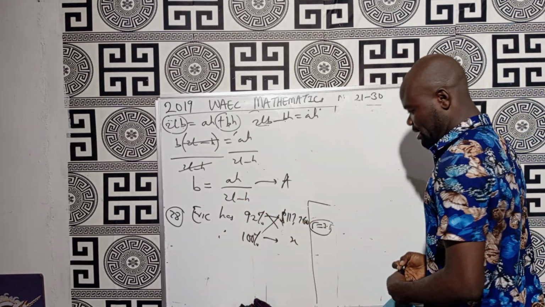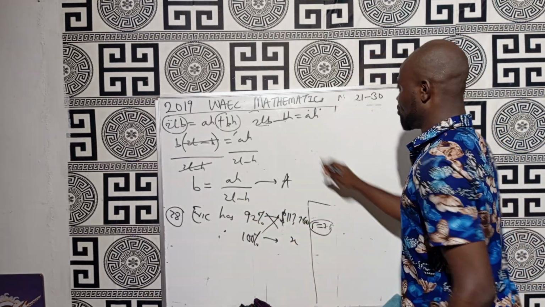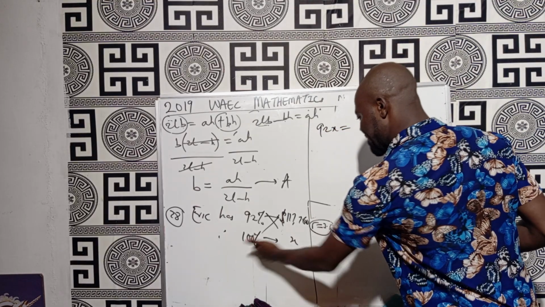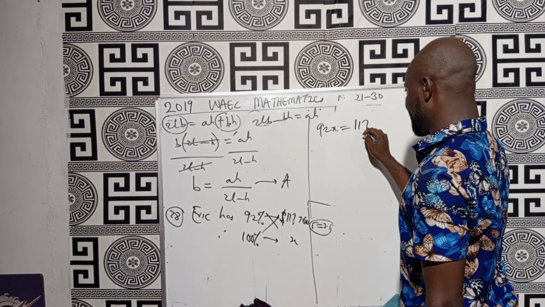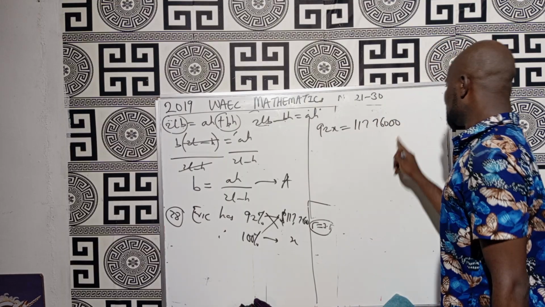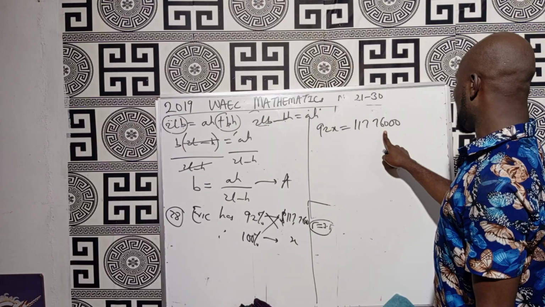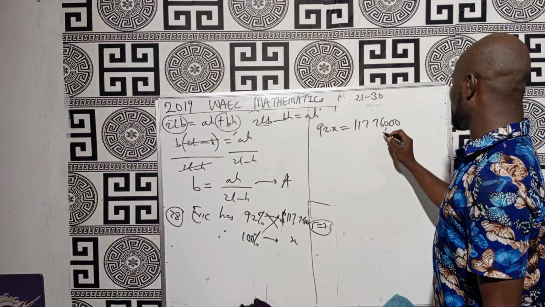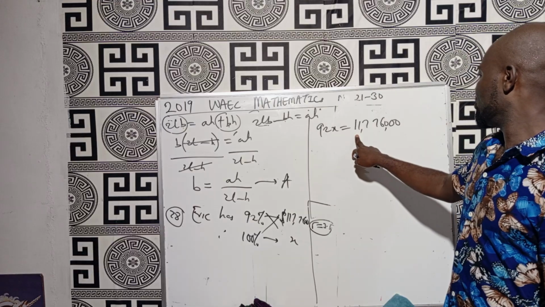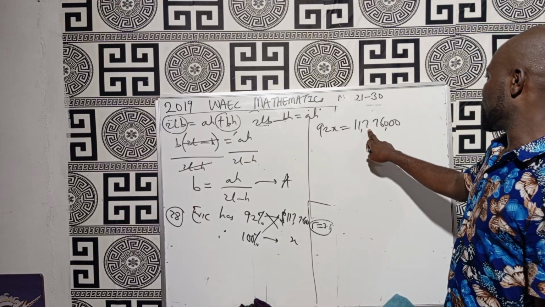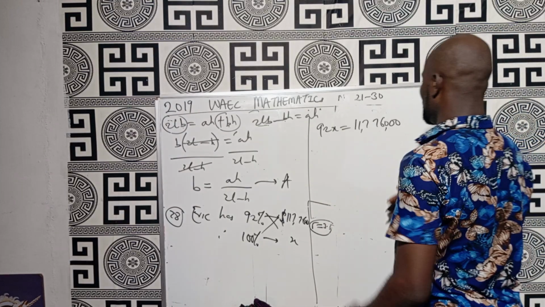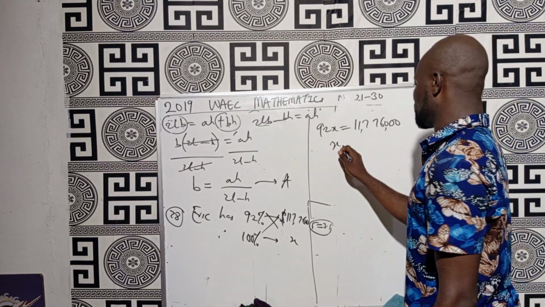We say 92 times x, that's 92x, equals 100 times 117,760. That gives 11,776,000 US dollars. So if you divide both sides by 92, x equals 11,776,000 over 92.